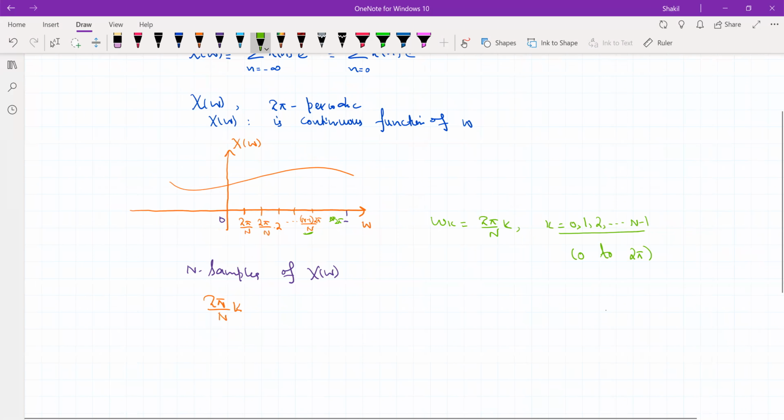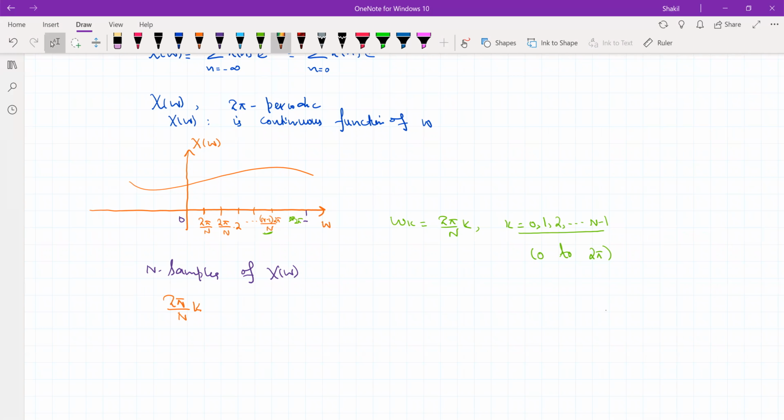So what will happen to the discrete time Fourier transform? Let's go to the expression now. We know X of omega is summation n running from 0 to N minus 1 x of n e raised to power minus j omega n. So this is our expression.